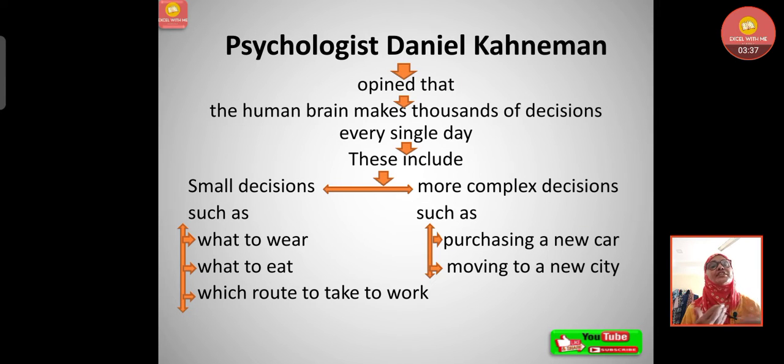Like small decisions, day-to-day routine work, they will take these decisions. Now more complex decisions such as purchasing a new car, moving to a new city, maintaining relationships with our neighbors or siblings, all these come under more complex decisions which the brain has to work on.